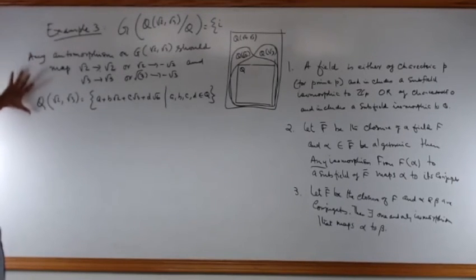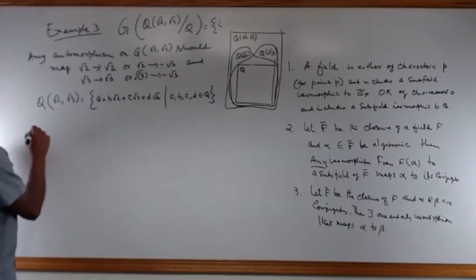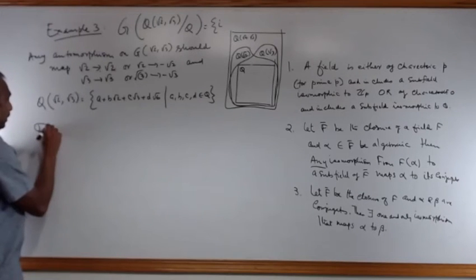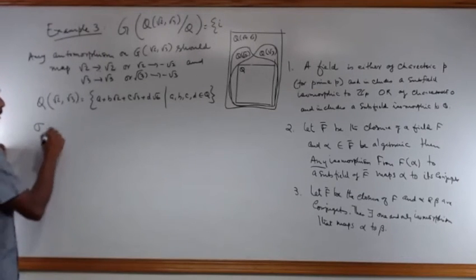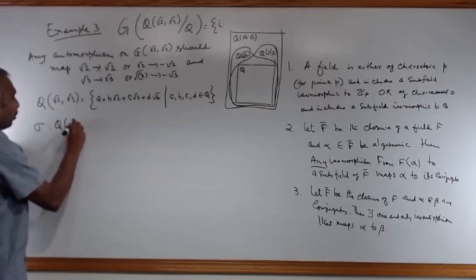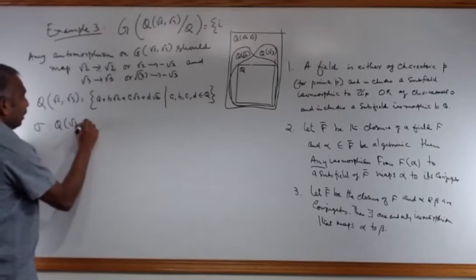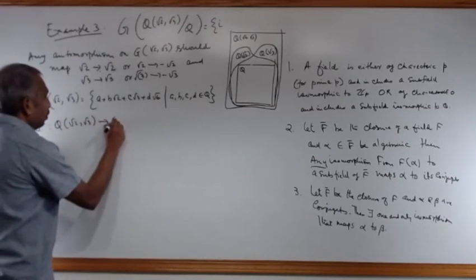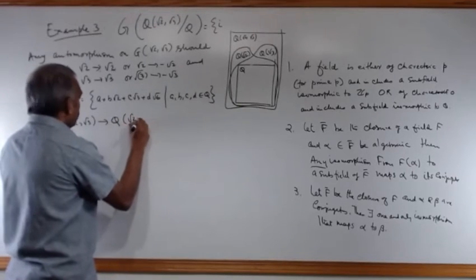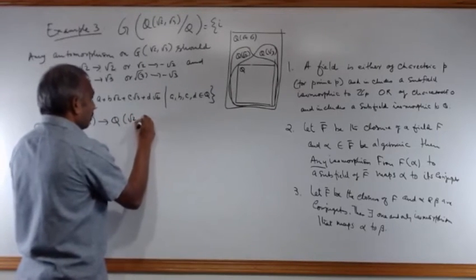And combining these two conditions, let us take a sigma from Q of root 2 comma root 3 to Q of root 2 comma root 3.